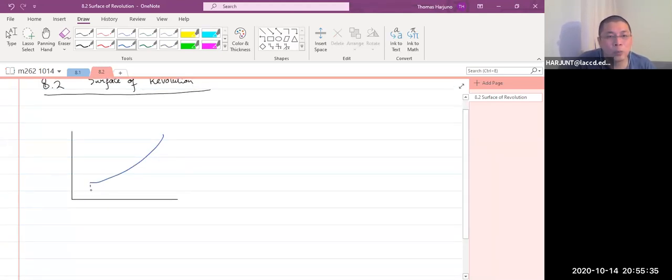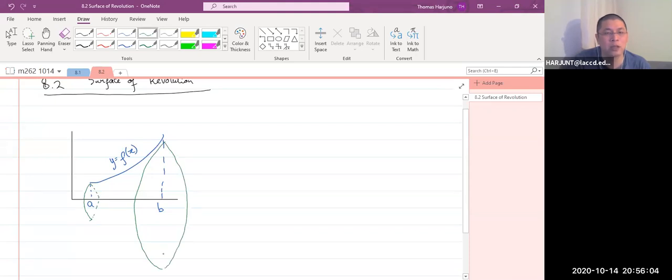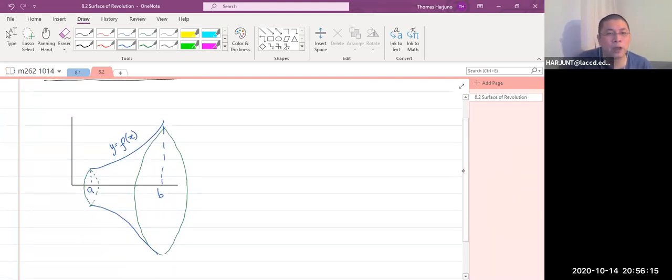In 8.1 we already computed the length of this arc here. Now in 8.2 what we will do is rotate this, let's say in this case with respect to the x-axis, and find the surface area that results.